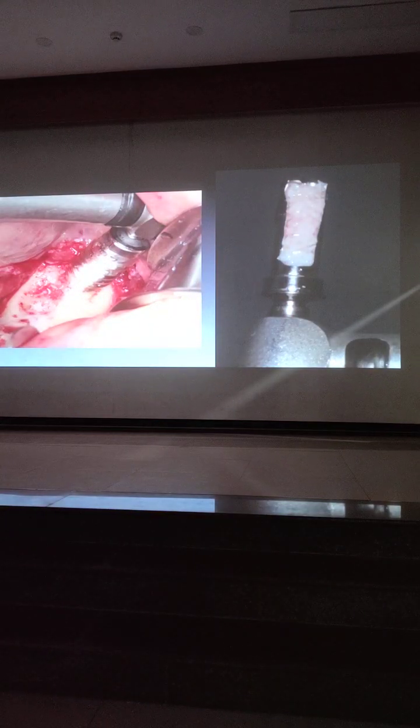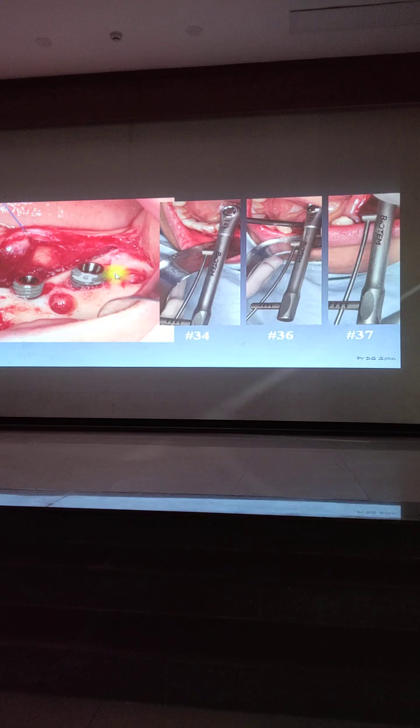After osteotomy for implant placement, the implant was placed. Even though apical engagement of the implant body was done, you can get very good primary stability. For implants, you need at least 35 Ncm of implant stability.